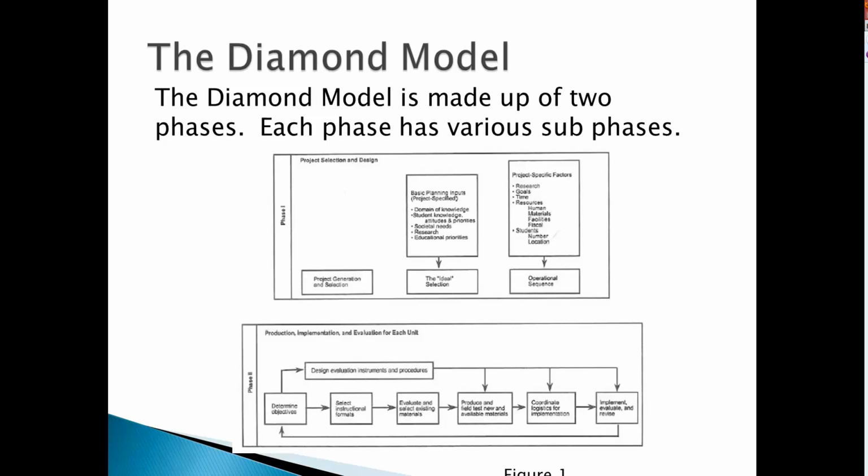According to Gustafson and Branch, they describe how the model is divided into 2 phases. During each of these phases, team collaboration is essential. The model calls for alignment between the development decision and the institutional missions and strategic plans. According to Answers.com, curriculum enables people to make sense of their lives and the world around them.